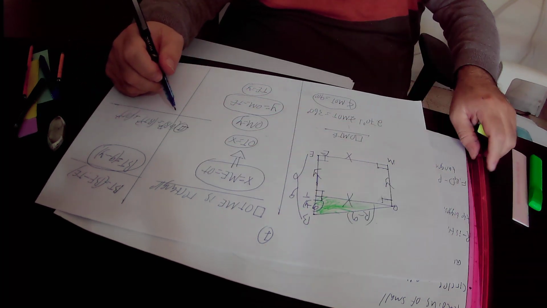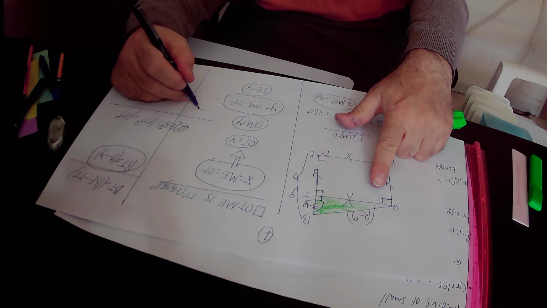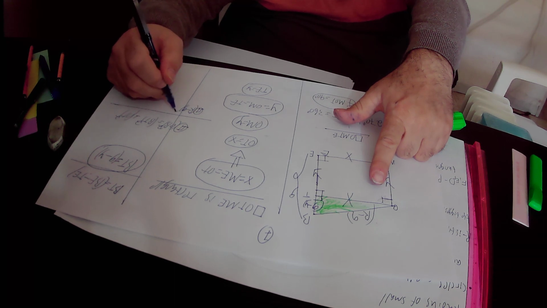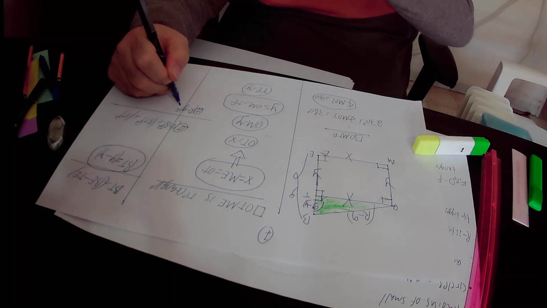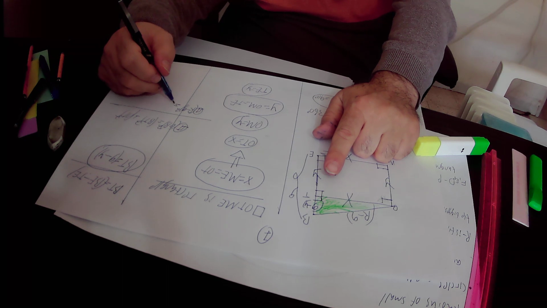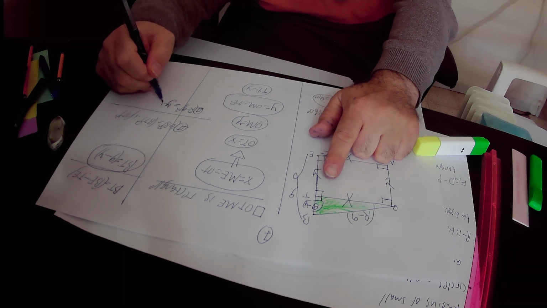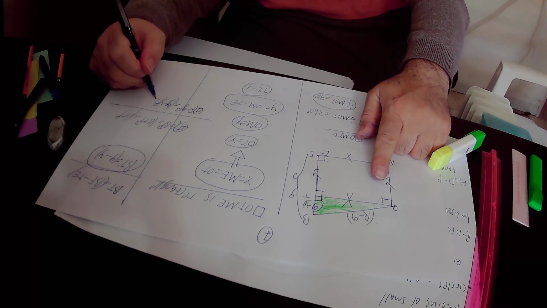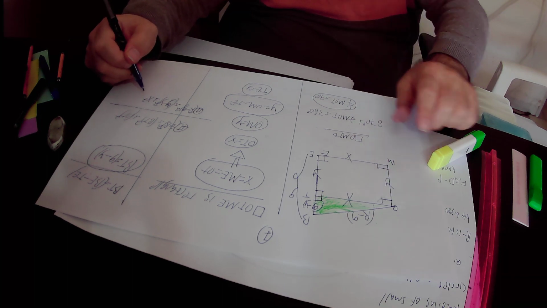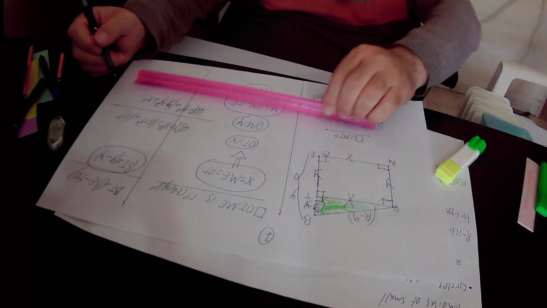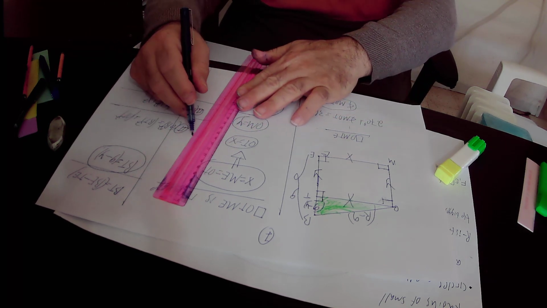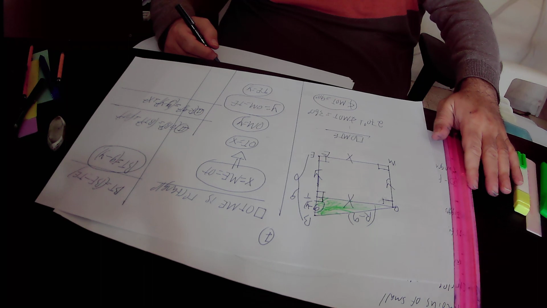So OB square is (R minus 9) square, and it is equal to BT square, that is (9 minus Y) square, plus OT square, that is actually X square. So in conclusion, according to equation number 2, (R minus 9) square is equal to (9 minus Y) square plus X square.